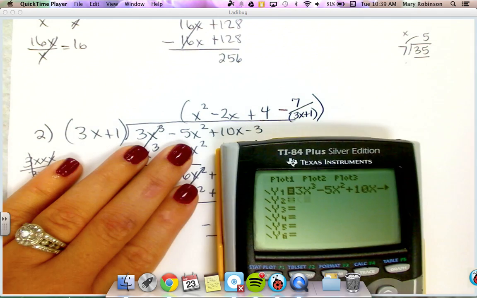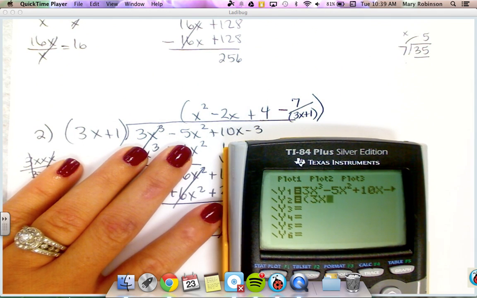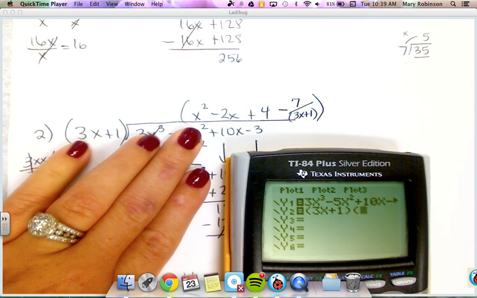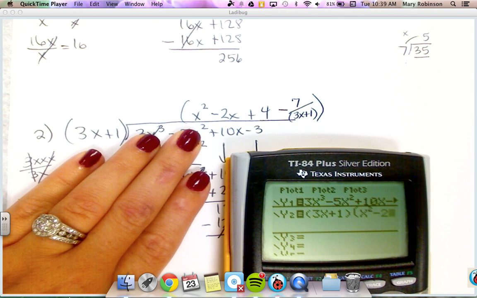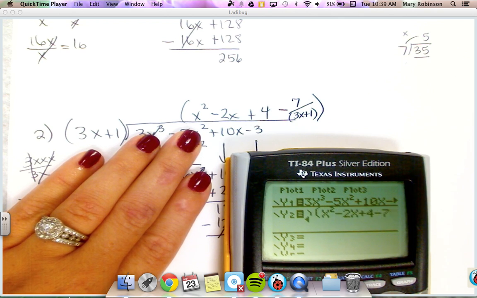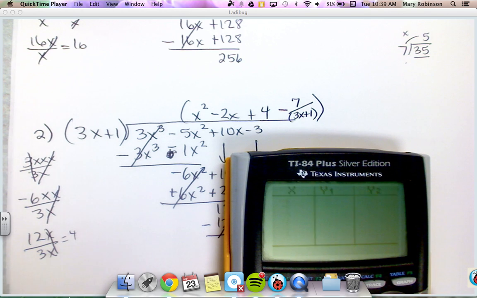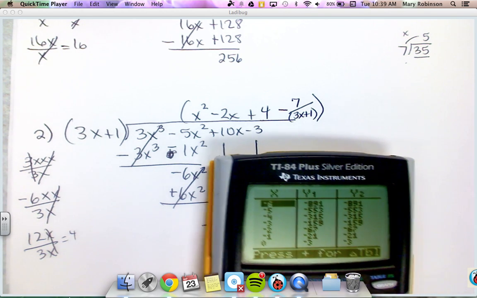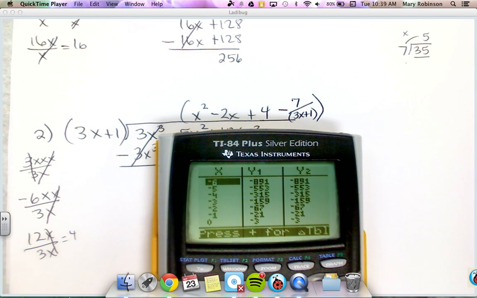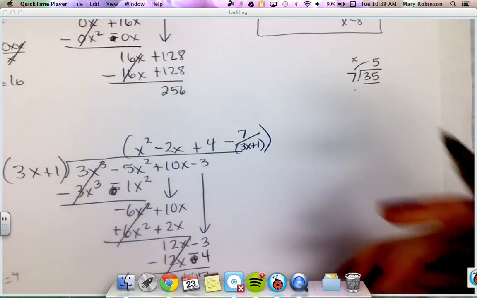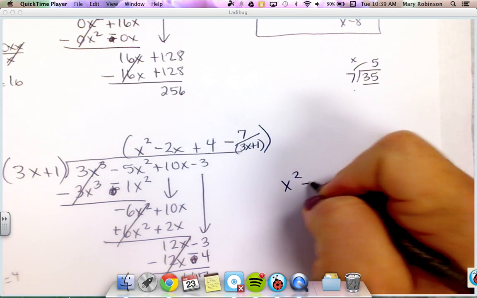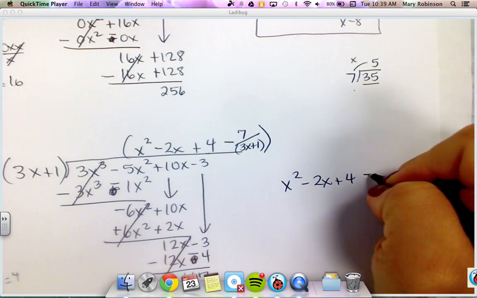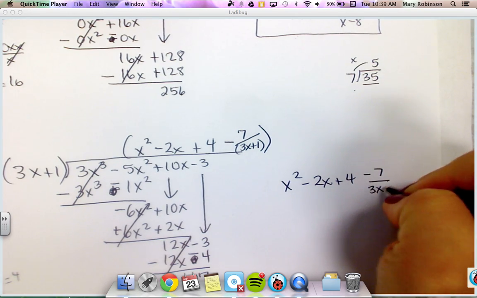And then our divisor, 3x plus 1 times our quotient, x squared minus 2x plus 4, and then our remainder, minus 7 divided by parentheses, 3x plus 1, close, close. And we can see the y1 and y2 values do match up, so that makes me feel very confident. We have our right answer. x squared minus 2x plus 4 minus 7 all over 3x plus 1.